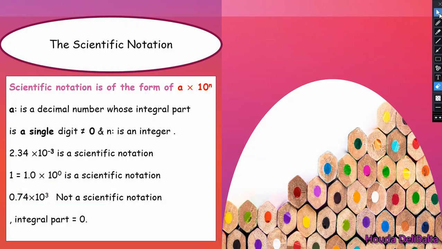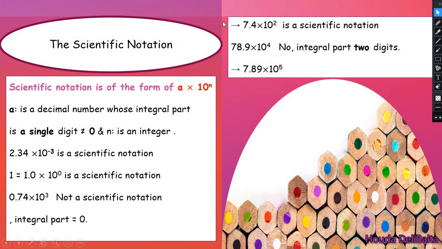Let's have more examples to understand it more. For example, 7.4 times 10 to the power 2 is definitely a scientific notation, while 78.9 times 10 to the power 4 is not, because the integral part, the part before the decimal point, is 78.